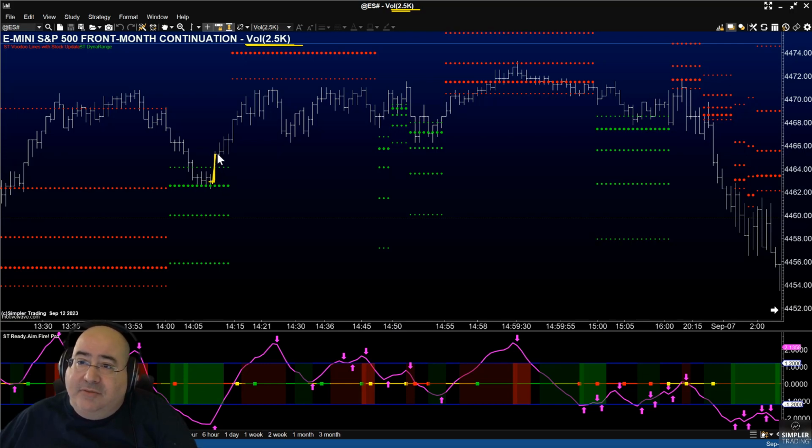Once they do, it plots the close for that bar and starts building another bar for 2,500 contracts and then another 2,500 contracts. So in many ways, it's similar to a tick chart, where a tick chart will go for a certain number of trades, and you can use this on a tick chart as well. I like the volume chart a little bit better.